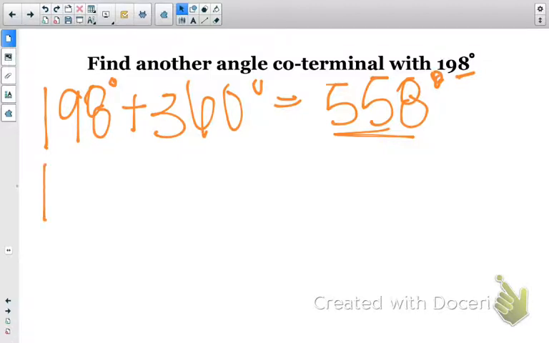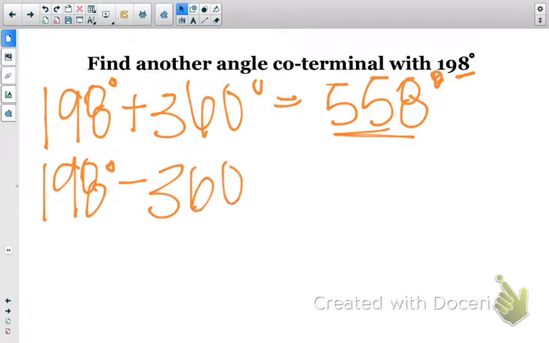Another way we could do it is we could go 198 and subtract 360 degrees. That would give us negative 162 degrees, which is another angle that is coterminal with 198. I'm sorry, words are really hard sometimes. Another way you could do it is you could add 360 multiple times.